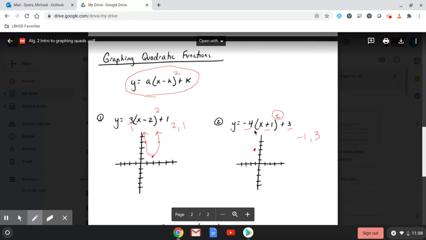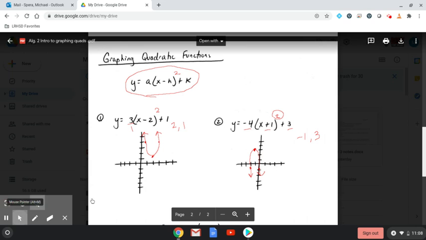Take another look at A, the value out in front. That's how many you're going to go down. 1, 2, 3, 4, and 1 to your right, and 1 to your left, because these are symmetrical. Now, it doesn't look the best here on the video, but again, you're going to make a U shape once you're done.